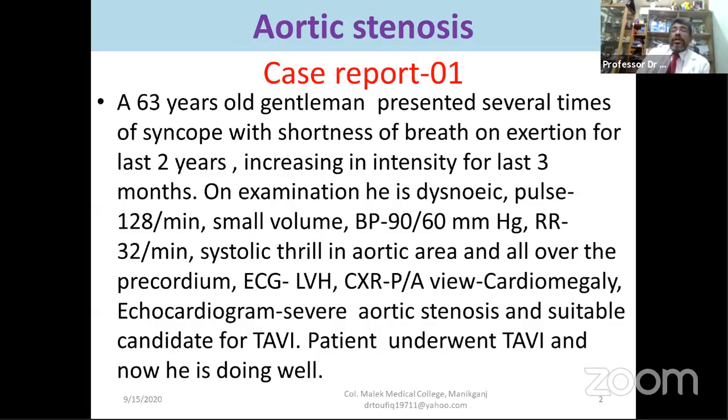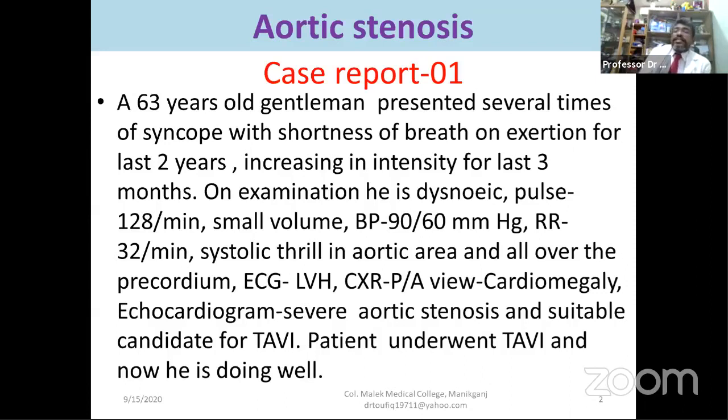So there will be pressure overload on the left ventricle, and the left ventricle becomes hypertrophied day by day. So there is increased left ventricular mass. On ECG, we may get features of left ventricular hypertrophy, and may find repolarization abnormalities also.